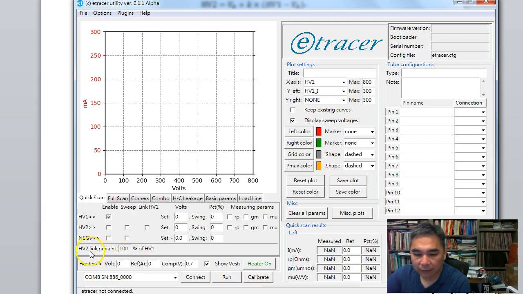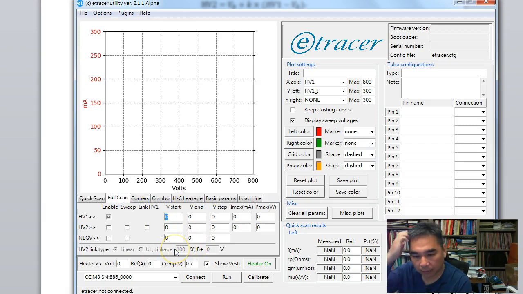That's why I only supplied one entry box for when HV2 link HV1 is checked, and the output on HV2 would be a linearly scaled value of HV1. But that was done wrong. We need to separate the DC component and the AC component.